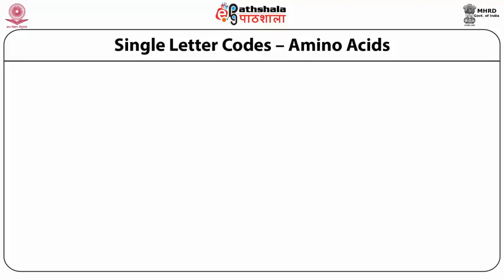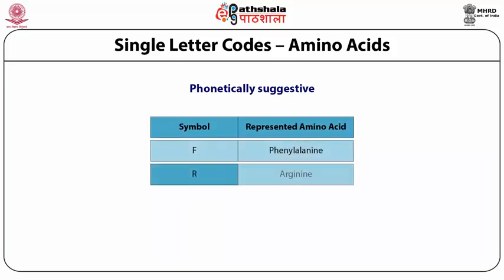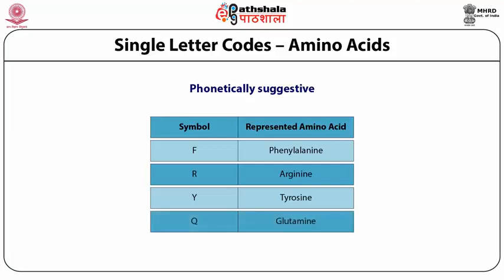Some single letter codes are phonetically suggestive. For example, F for phenylalanine, R for arginine, Y for tyrosine, and Q for glutamine.